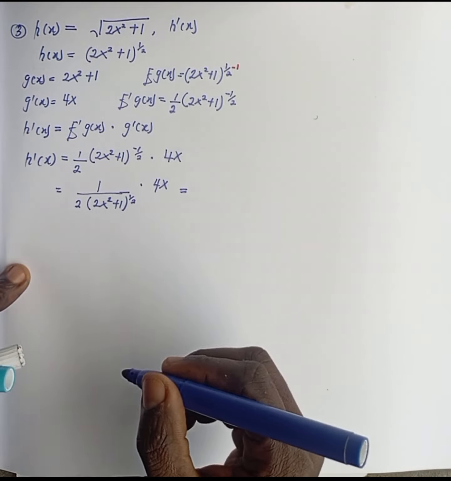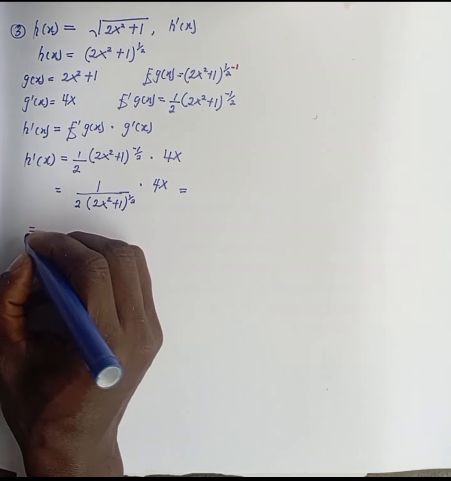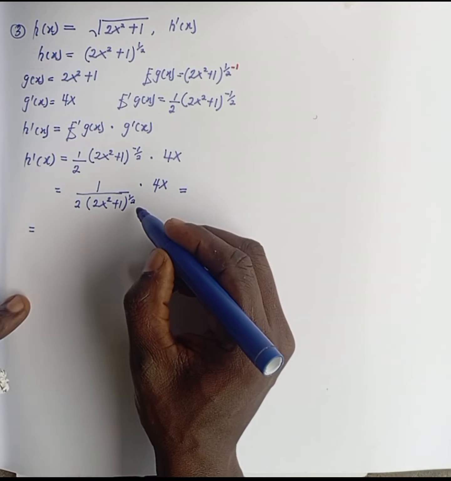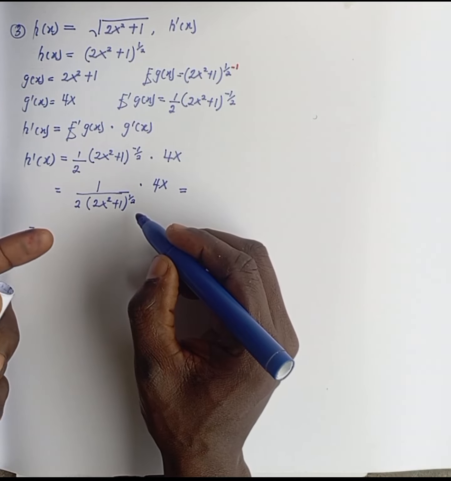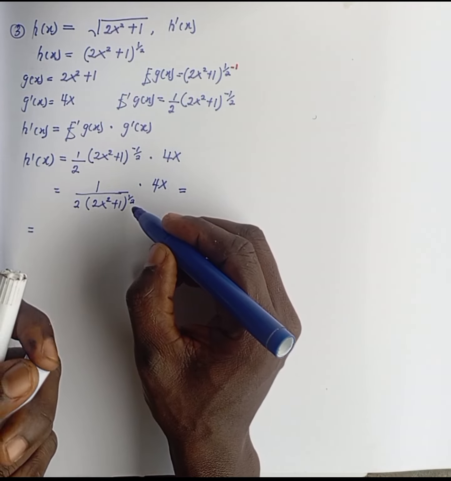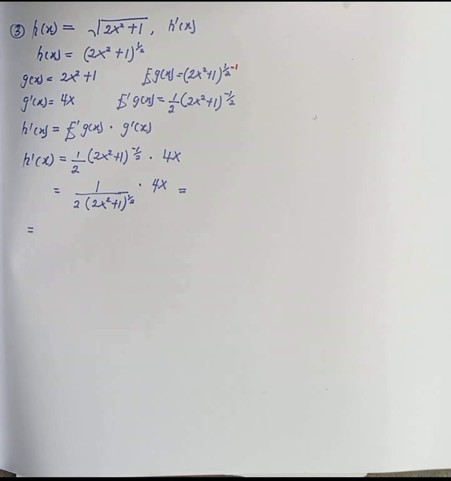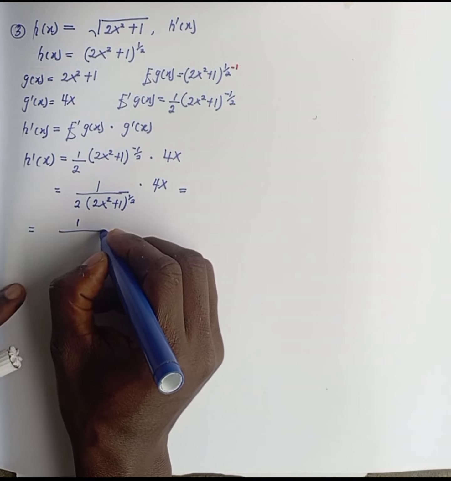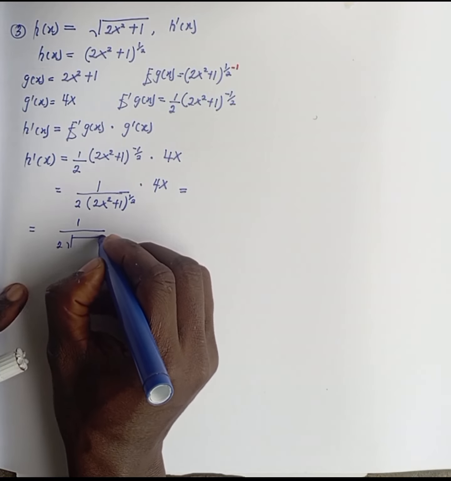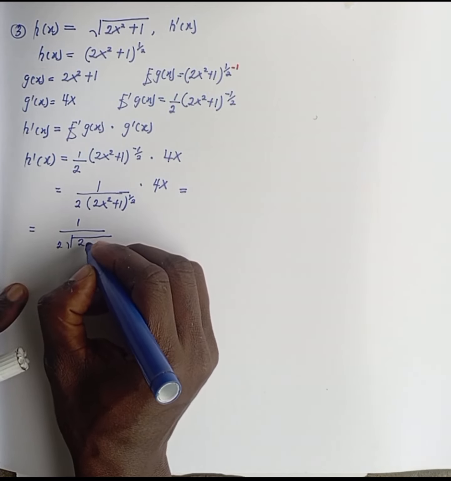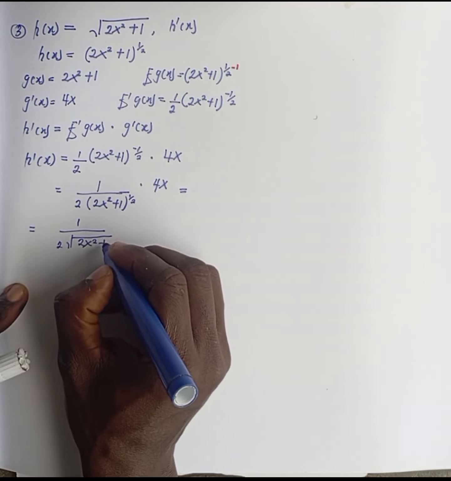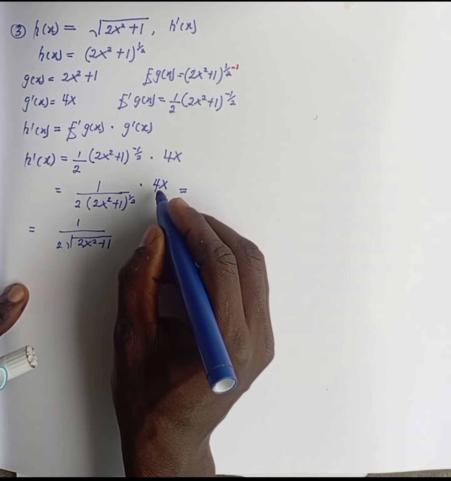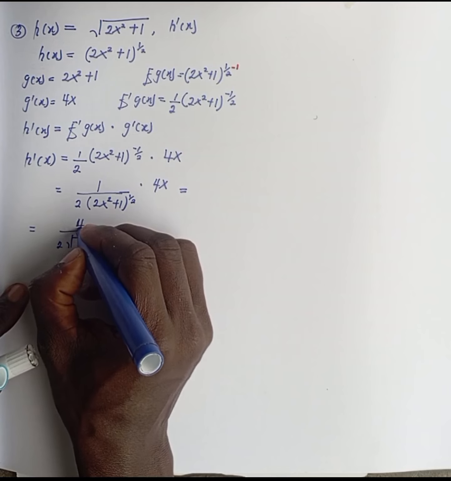Now we can also rewrite this in this very form. We know that any variable raised to the power half is what? The root, or half is also known as what? The radical sign. So we can write this in the form of 1 over 2 root of 2x squared plus 1, and then we have 4x times 1 will give us what? 4x.